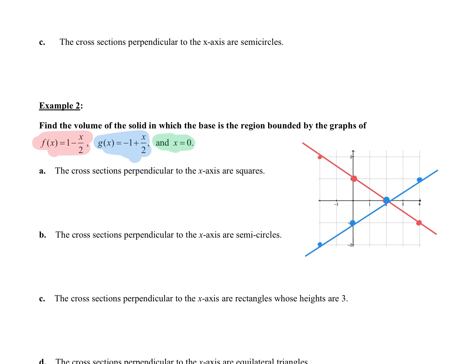And x equals 0. Okay. So yes, the area that is bounded here, that's where we're going to create our solid that's bounded by all 3 of those graphs. Now, inside that base that's a triangle, I am putting a ton of really, really thin squares together.